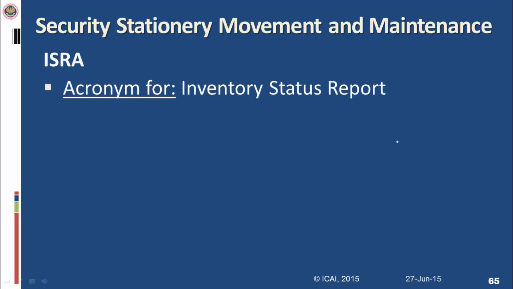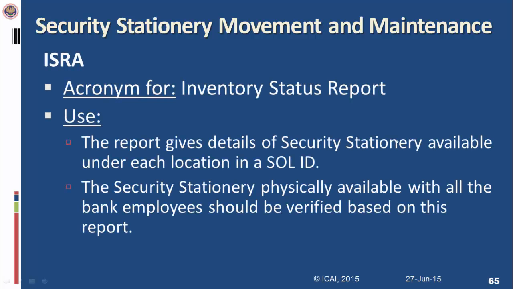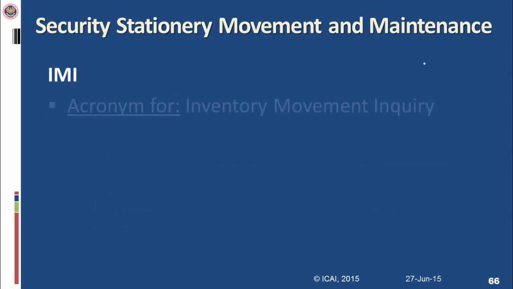Then comes the security stationery movement and maintenance. I have discussed it earlier also when we were discussing the inventory locations. Right, the command is ISRA. It's a report type command, so it will ask you for the location as well as the sublocation, right? So if we have these two things, then we can verify the inventories outstanding at the specific locations.